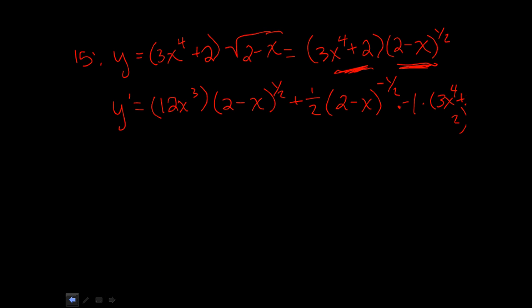Okay, and so I'm going to say for number 16 through 19, we're going to say f of 3, well, I'll just make up new numbers. So f of 3 is going to be 5. F prime of 3 is going to be 2.